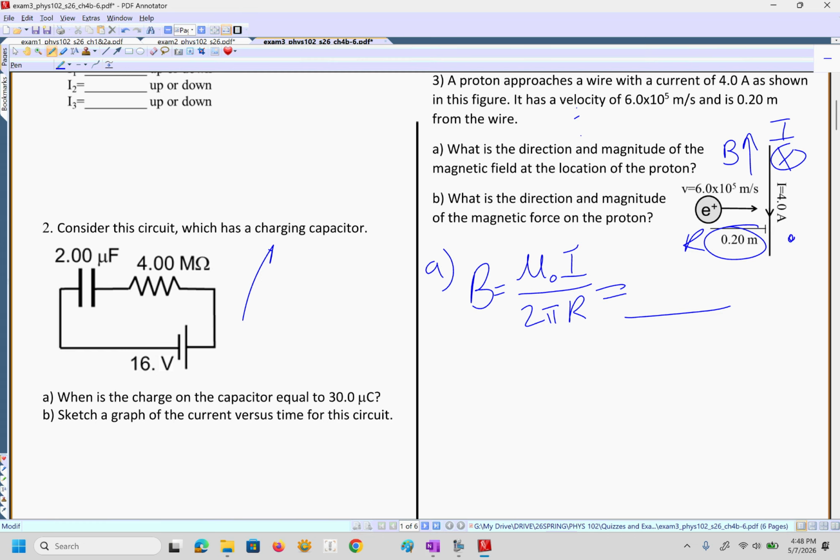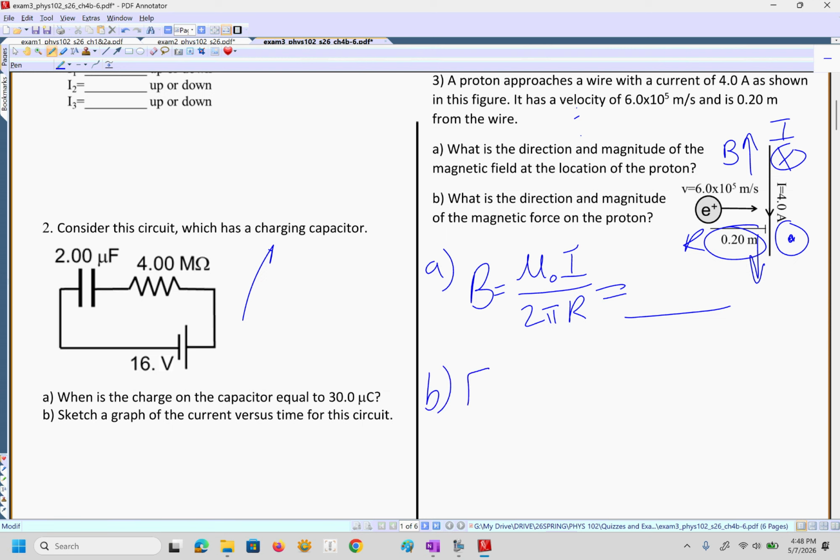If the wire was out of the page, I let my thumb go out of the page, and then on the left-hand side of the wire, the magnetic field would be down. So you'll see a wire that's like that. We don't usually do it that way, but that's just the way we did it this time. After you find the magnetic field and the direction, you have to get both correct in order to get full credit.